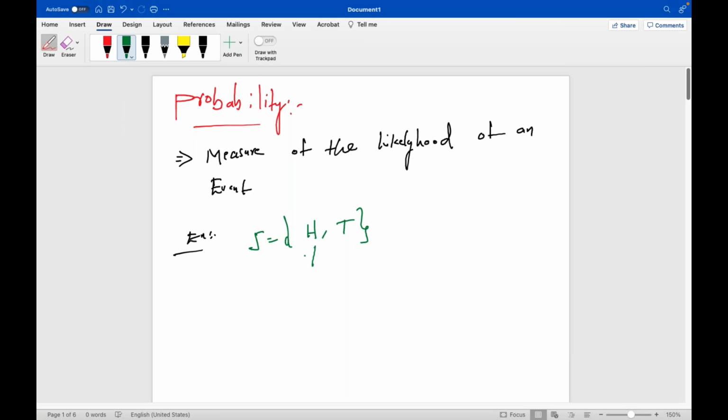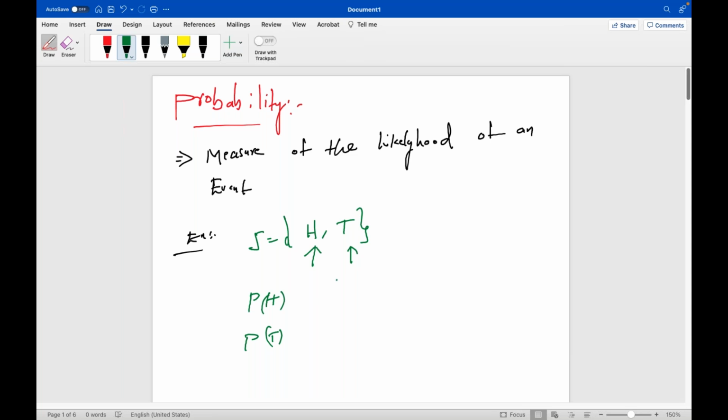I want to find the likelihood of the event H and the likelihood of the event tail. So the probability of H is the likelihood of event H, and the probability of tail is the likelihood of event tail.